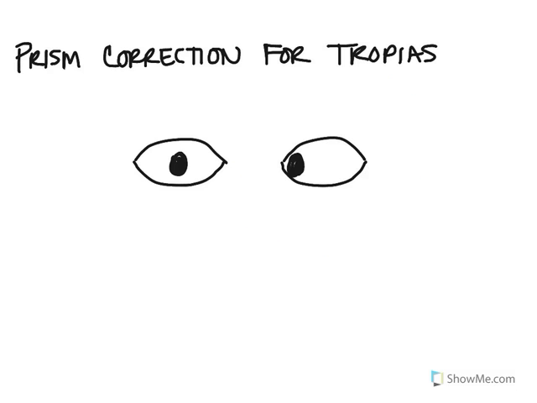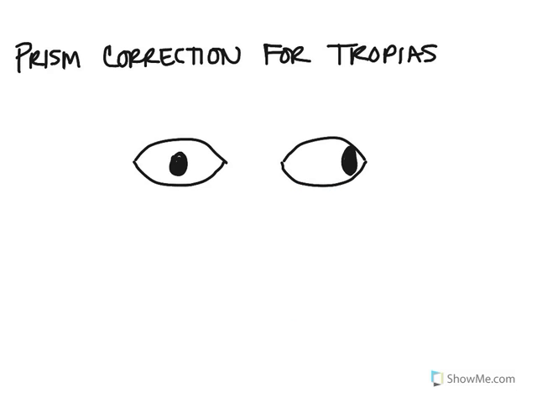For an esotropia, a base out prism would be used, and this would make an object that is straight ahead appear to be coming from this direction so that it appears to be straight ahead to the deviated eye. So an esotropia would use base out prism for correction.